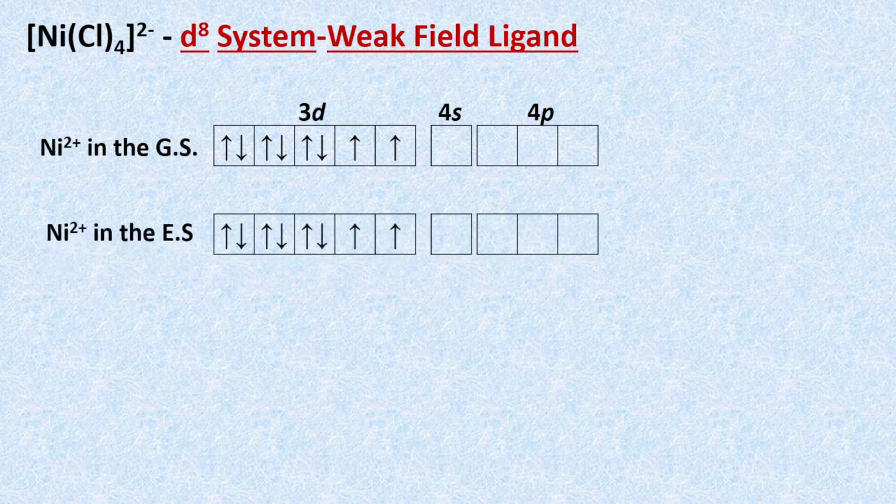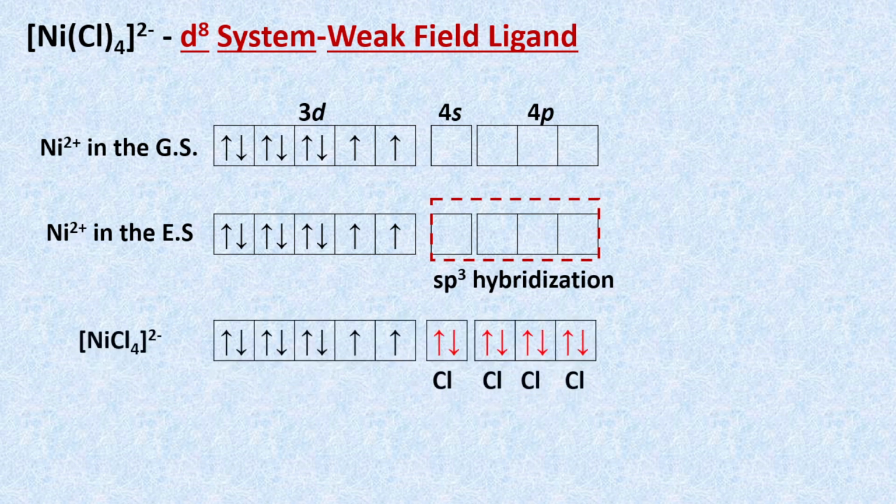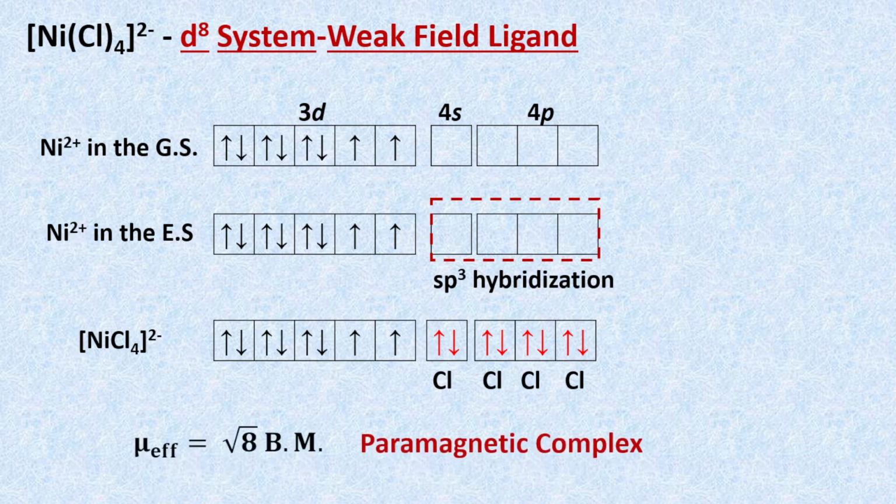Now the one vacant 4s and 3 4p orbitals hybridize to give sp3 hybrid orbitals. Then the 4 ligands donate their sigma electrons to form an sp3 outer orbital complex. This complex of weak field ligand has 2 unpaired electrons, so it is paramagnetic and the magnetic moment is √8.